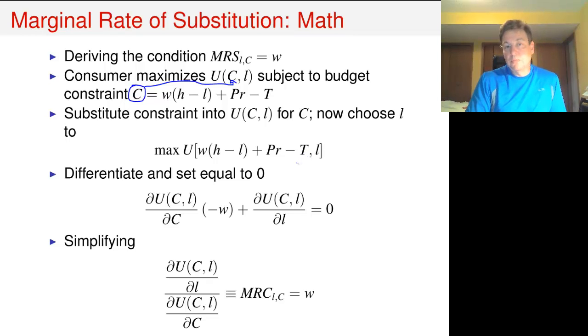Well, as some of you may remember from your calculus, to find a maximum, you differentiate and then you set it equal to 0. And when you do that, after you simplify, you get that this partial derivative, the marginal utility of leisure up here, and this, the marginal utility of consumption, and that ratio is the marginal rate of, whoops, this is a typo. This is the marginal rate of substitution of leisure for consumption. And that has to equal the wage.